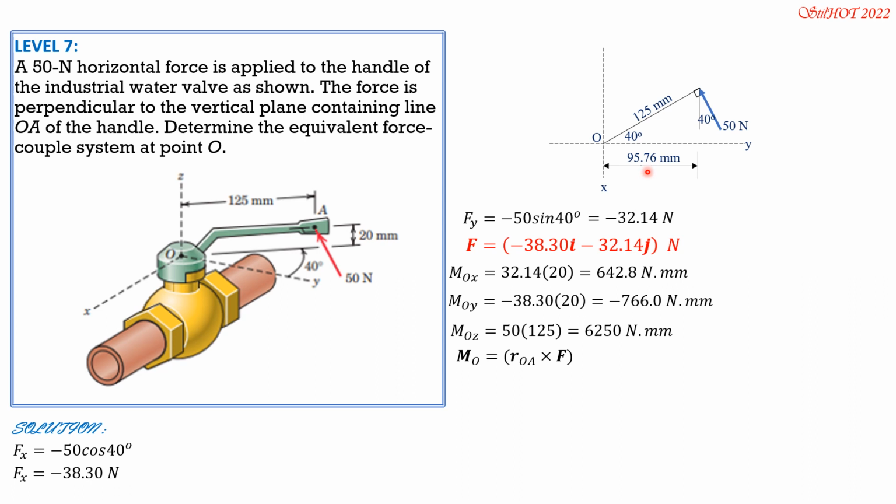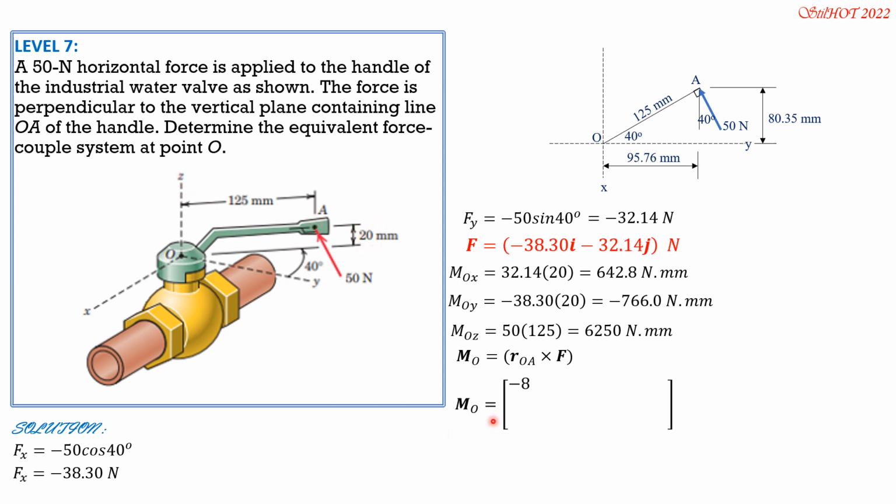It is 95.76. That distance is 125 sine 40, 80.35. So from O, we go backward opposite to the x-axis, negative 80.35 I, then rightward 95.76 J, then after that upward by 20 for K.